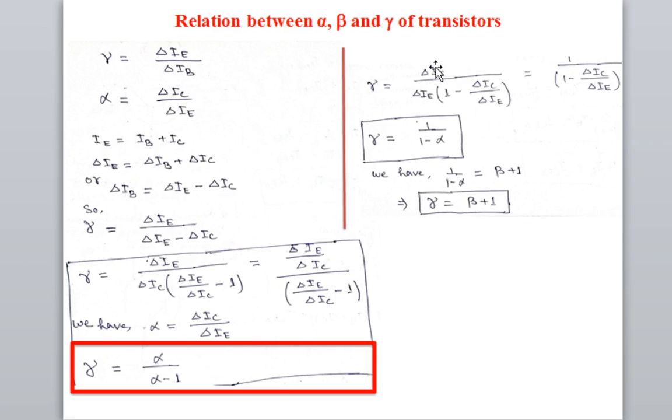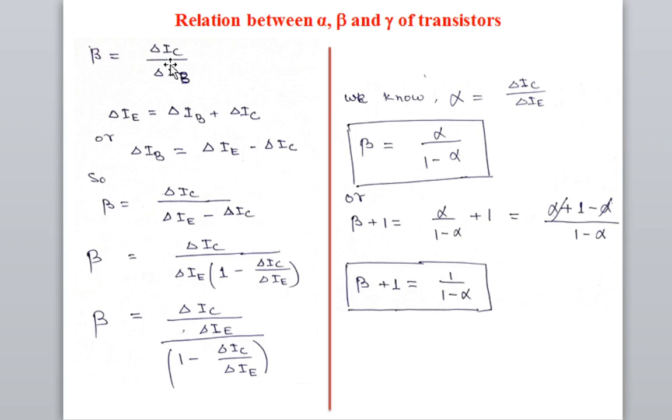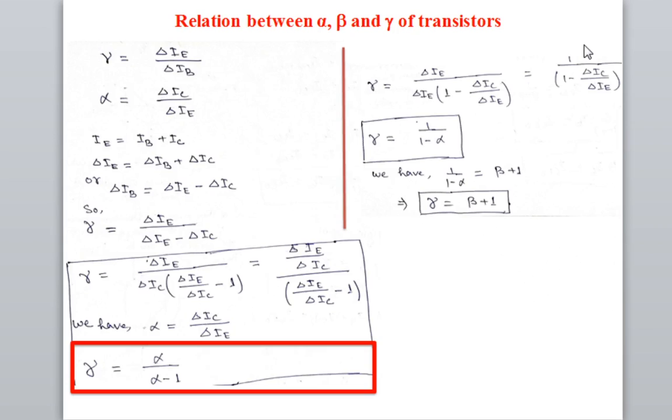The delta IE and delta IE cancel out, so we get 1 upon 1 minus delta IC upon delta IE. And delta IC upon delta IE is alpha. So I get gamma is equal to 1 upon 1 minus alpha.